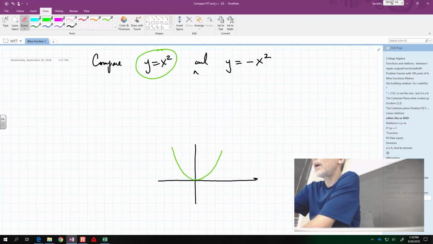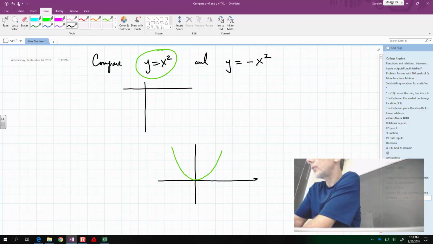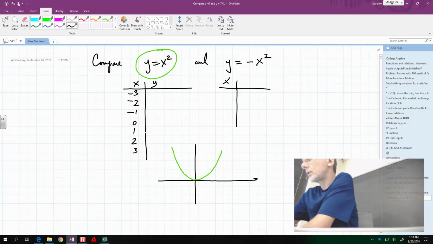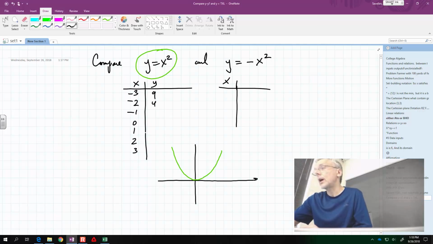If I make up two tables side by side, x and y: -3, -2, -1, 0, 1, 2, 3. The values are positive, the squares: 9, 4, 1, 0, 1, 4, 9.